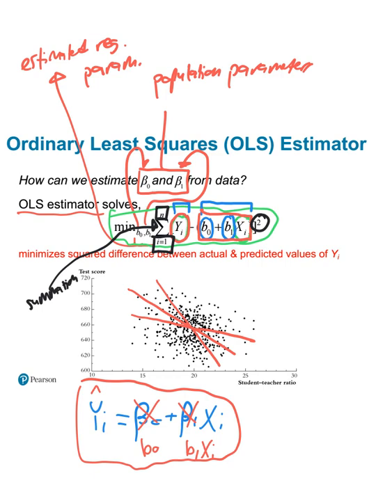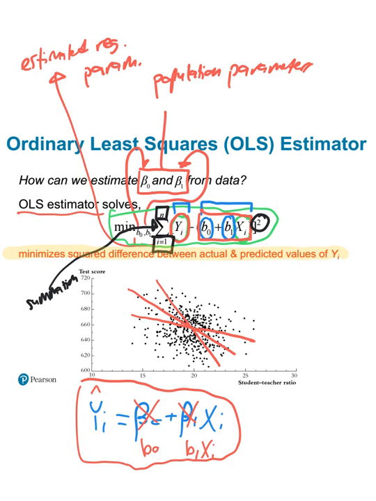All right, so cleaning this up, the OLS estimator is going to minimize the squared difference between the actual and predicted values of yi. If we can minimize the errors, the mistakes, by choosing b0 and b1 properly, then this will be the quote-unquote best estimator of these two parameters.